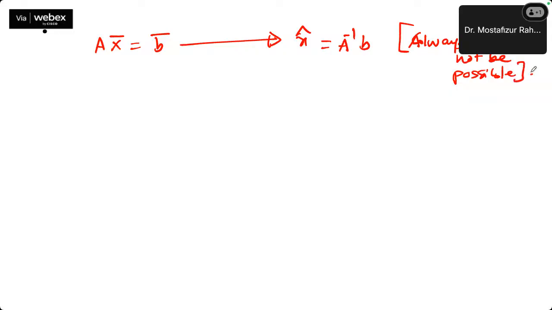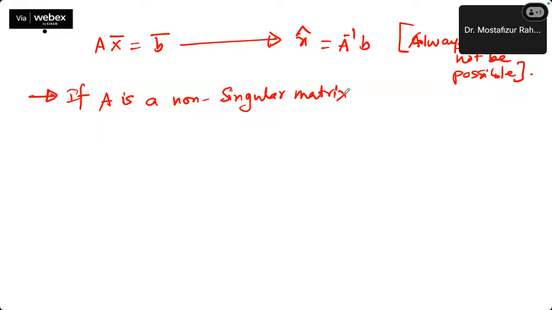Okay, so if A is a non-singular matrix, then there exists a unique solution. There exists a unique solution x bar.